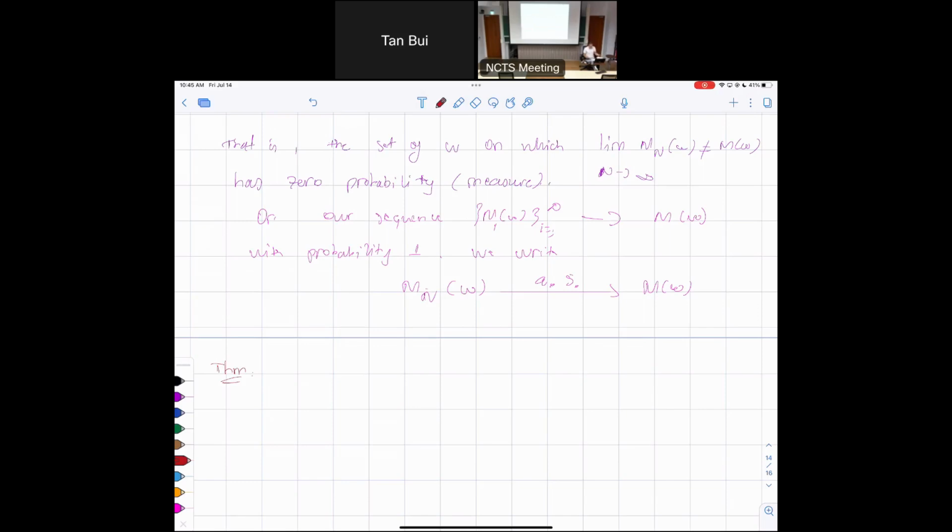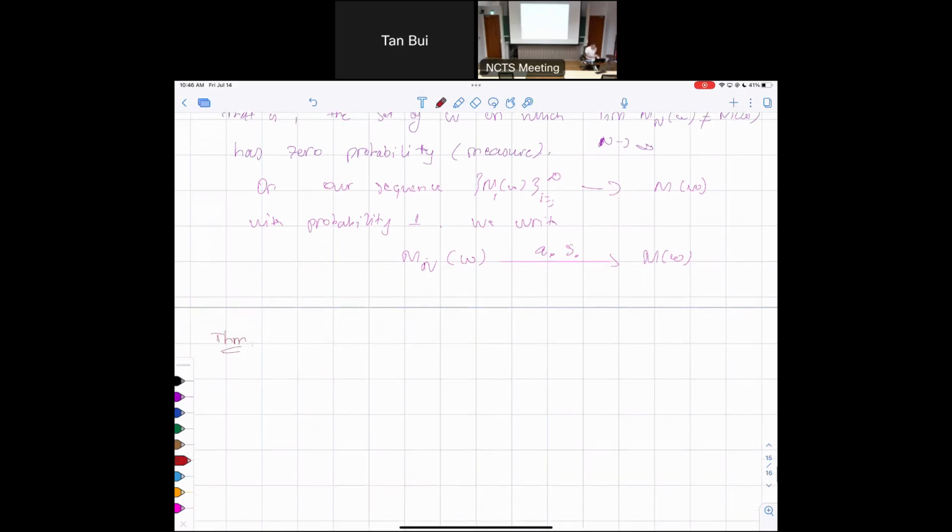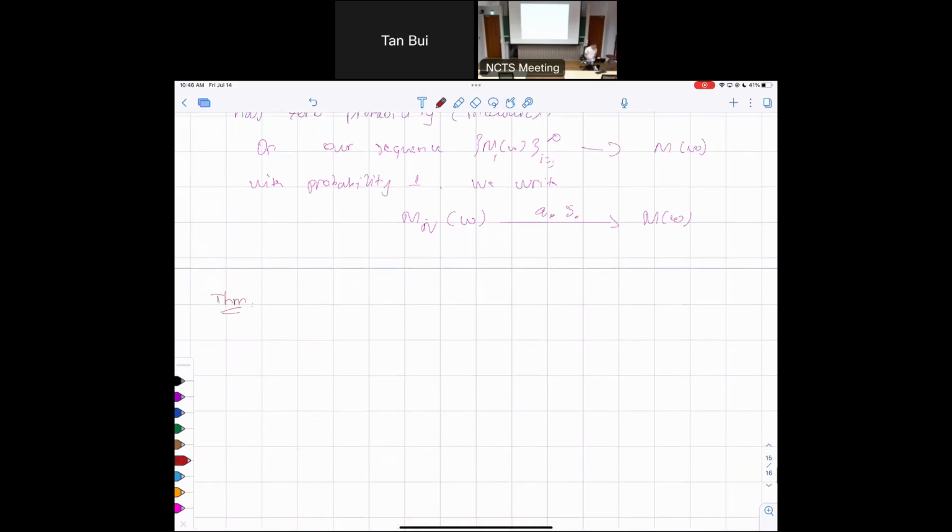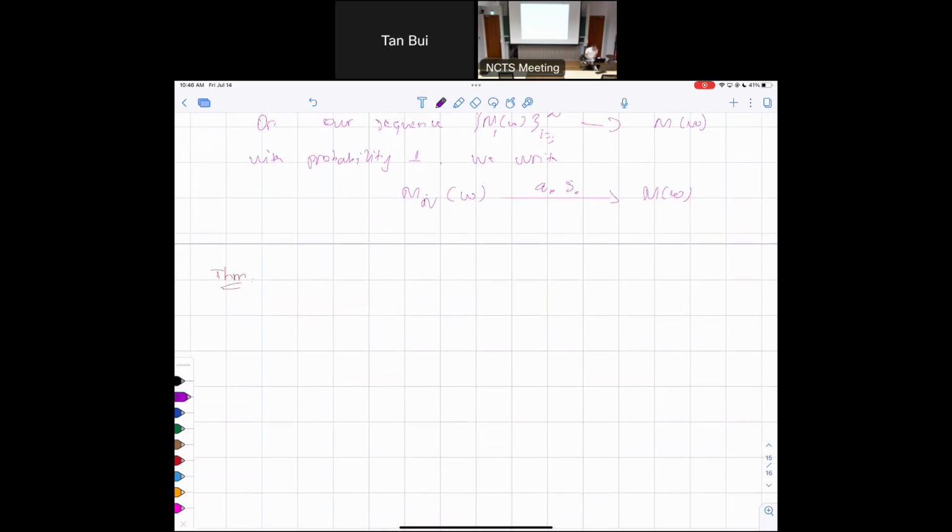If you want a simple proof, you need to assume a lot. We assume that the fourth moment of the random variable is finite. You don't need the fourth moment to be finite to prove the law of large numbers, but if you want a very elementary, easy proof, look at my lecture notes. We're not going to go through it because we don't have time. We need to go to stochastic gradient descent first and prove that.